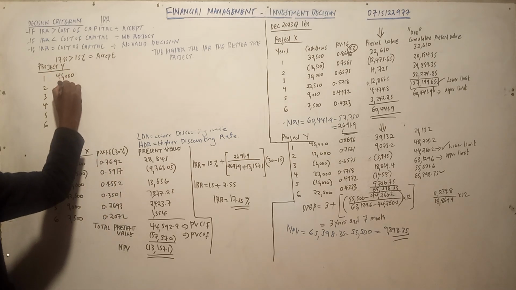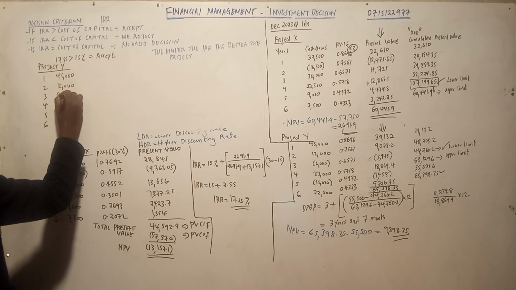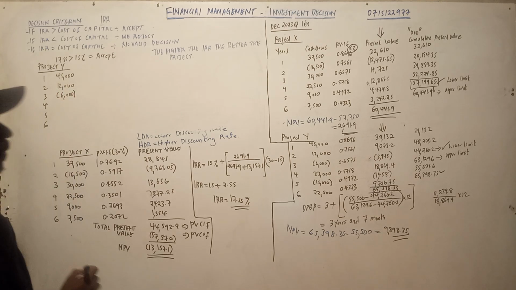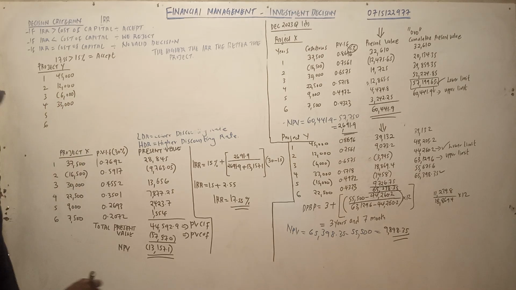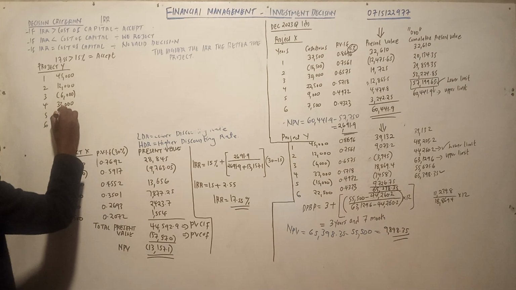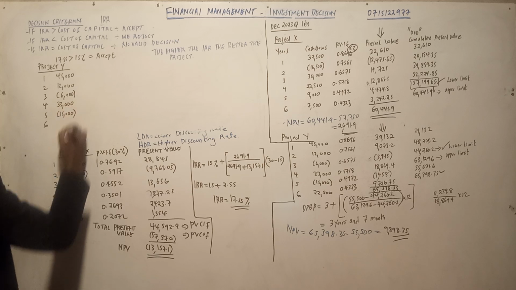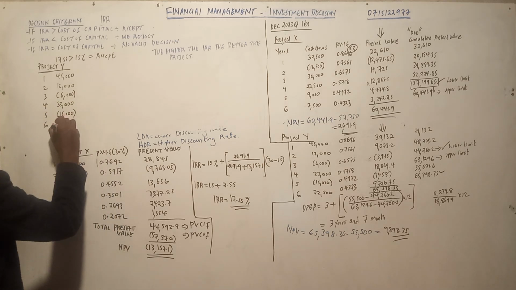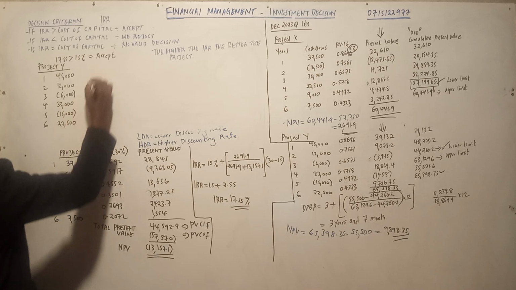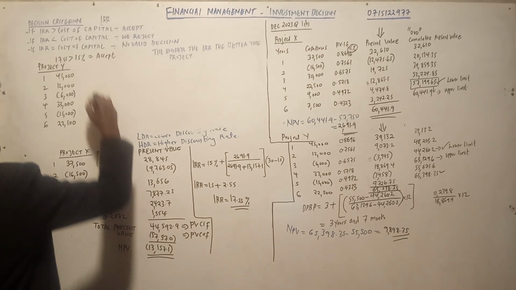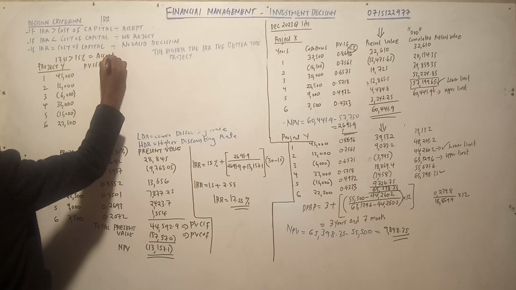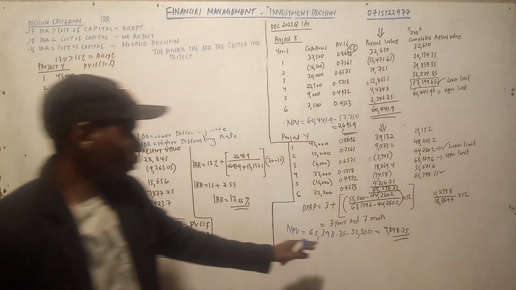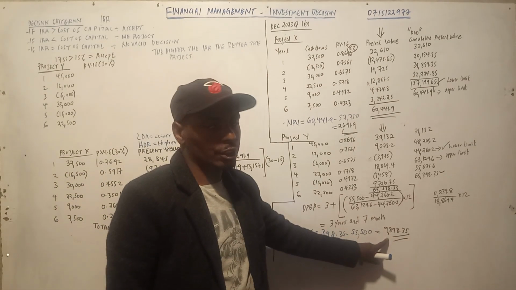12,000 minus 6,000. 33,000. 33,000 minus 15,000. 22,500. Then our present value interest factor, we use 30%. So 30% is the reason why the NPV here was positive.